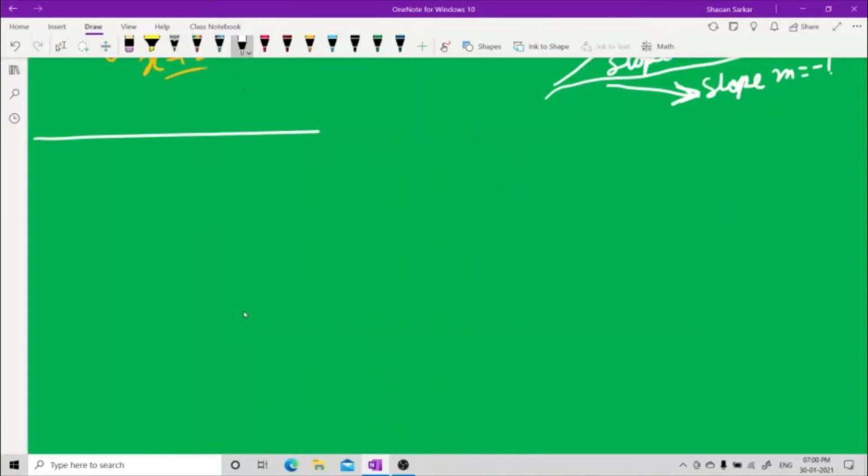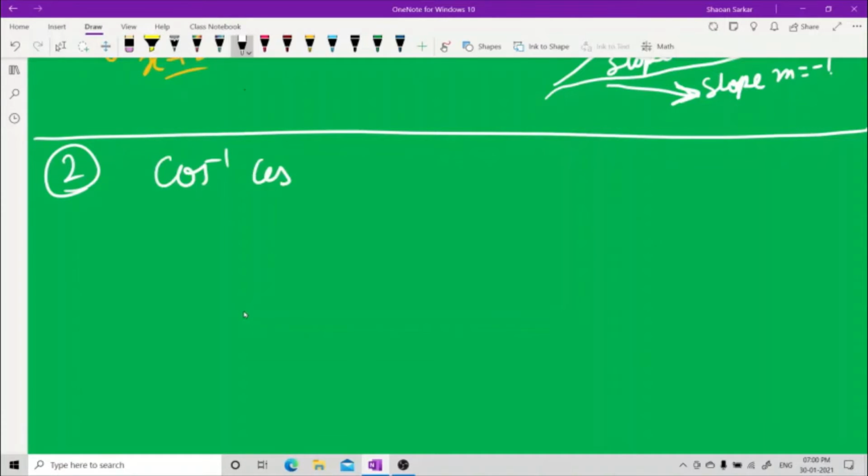Now the next graph, first let me take the second one, that is cos⁻¹(cos x). This is equal to x when x belongs to 0 to π. Again you do it that way only.